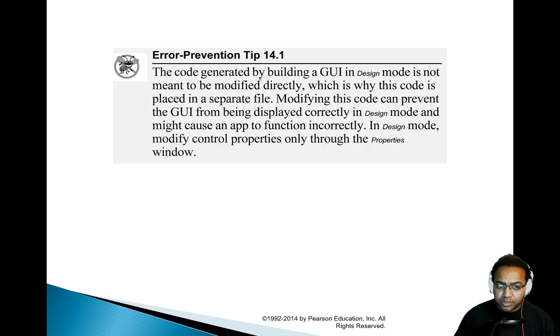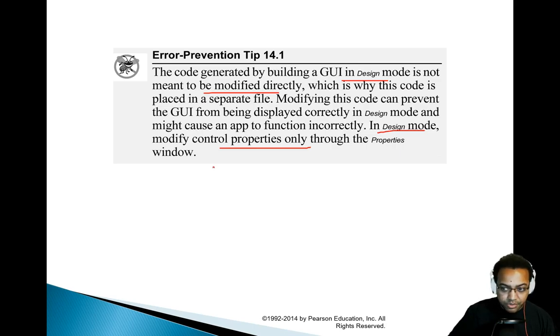The code generated by building a GUI in design mode is not meant to be modified directly, which is why this code is placed in a separate file. Modifying this code can prevent the GUI from being displayed correctly in design mode and might cause an app to function incorrectly. In design mode, modify control properties only through the properties window. And they're right. When you're in design mode, as you just saw I was doing, don't modify the code behind I just showed you with the initialized component code.